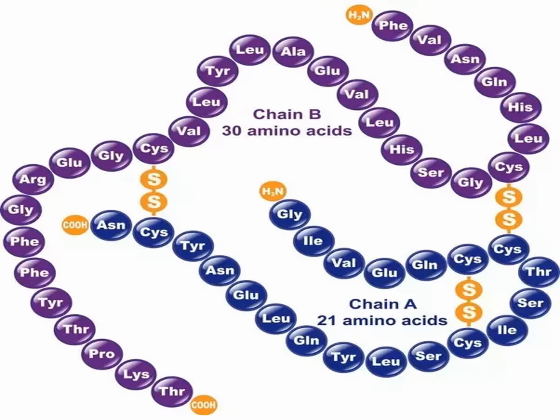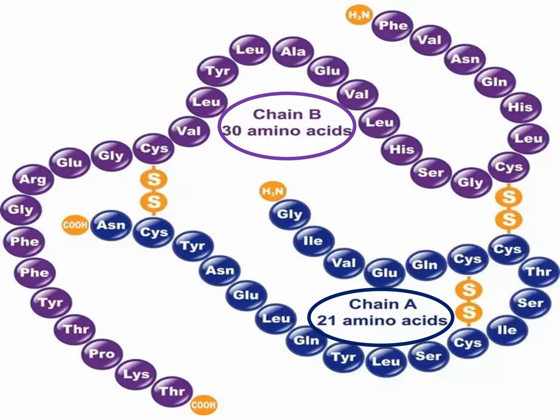Here you can see the normal structure for the insulin, which is composed of the alpha chain, containing 21 amino acids, and the beta chain, which consists of 30 amino acids. And as you already know, we start counting the amino acids from the amino terminal.